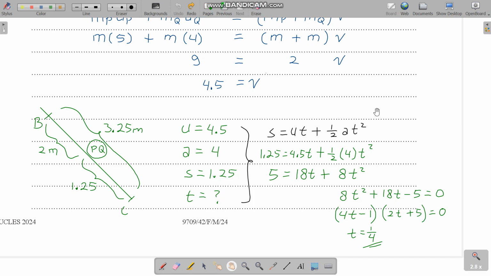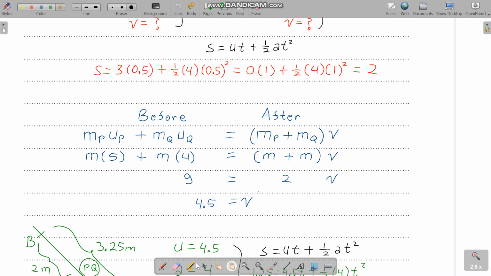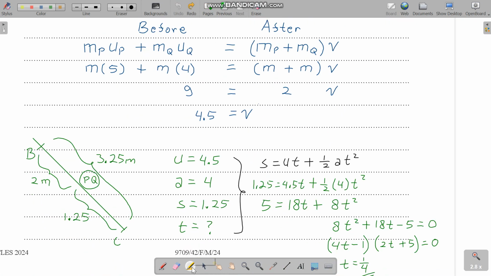Now we know this distance is 2 meters from B, the distance traveled by P and Q from B to the point of collision. We know the total length BC is 3.25, which means this remaining distance is 1.25.